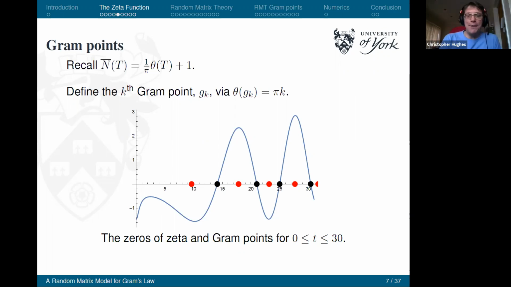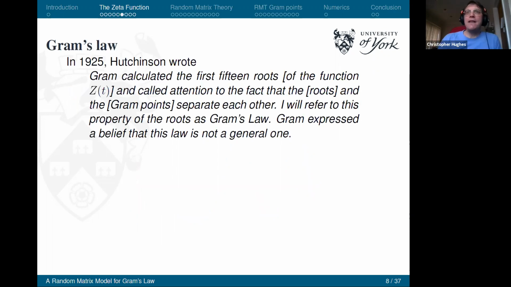In 1903, Gram calculated the first 15 zeros, and he made this observation that where n bar of t equals an integer interlaces with where Z of t equals 0.